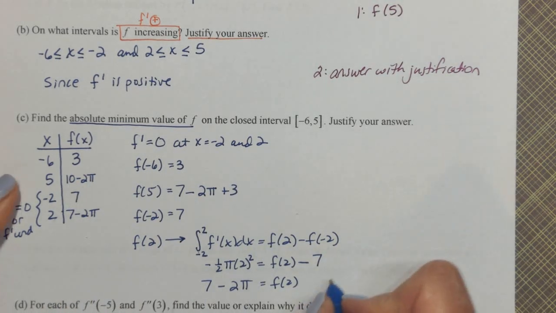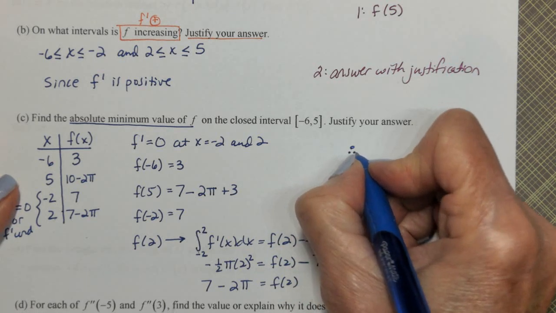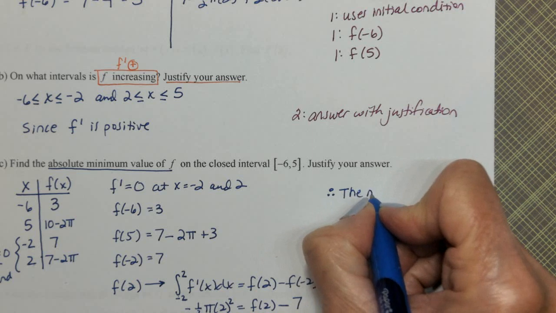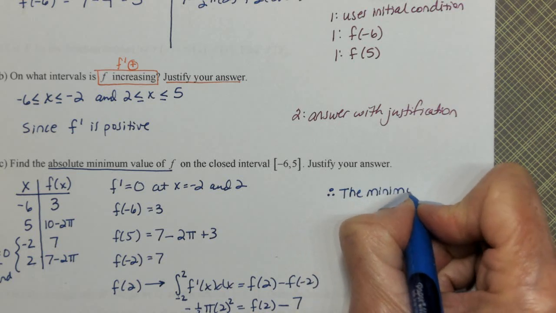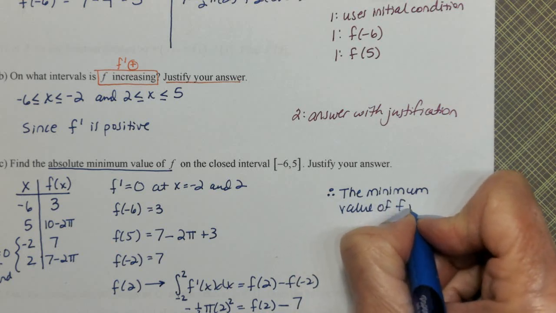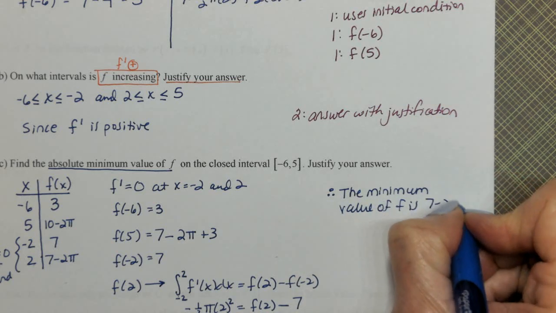So the minimum value of f is 7 minus 2 pi.